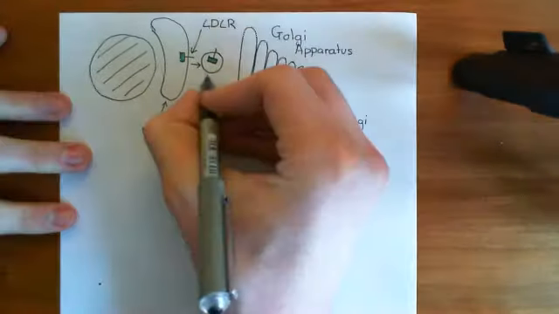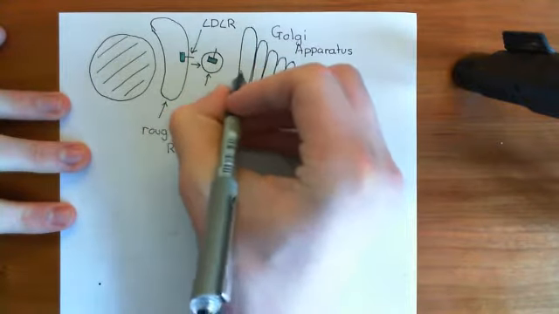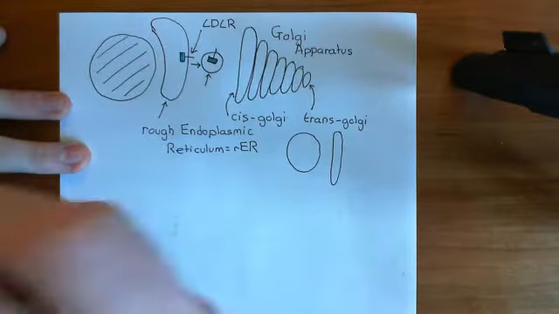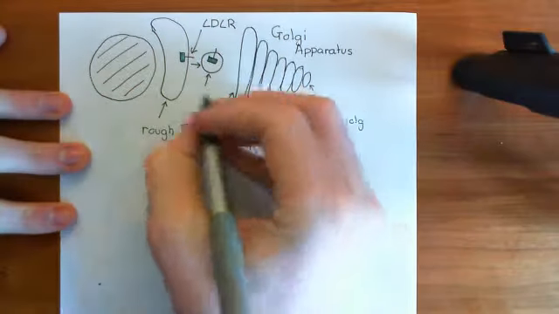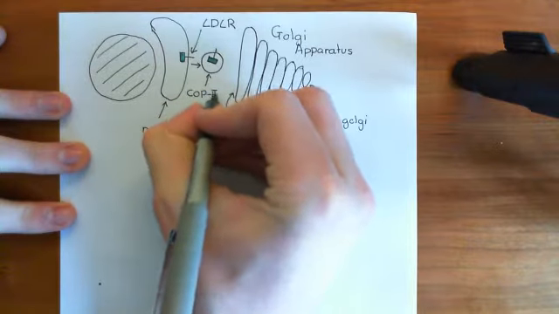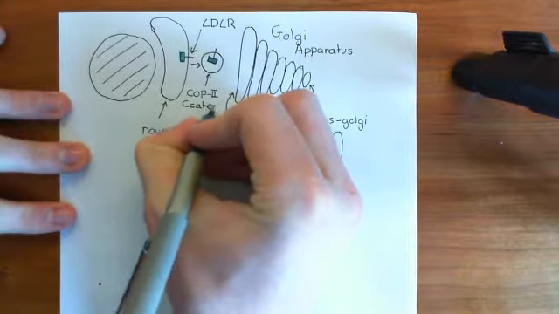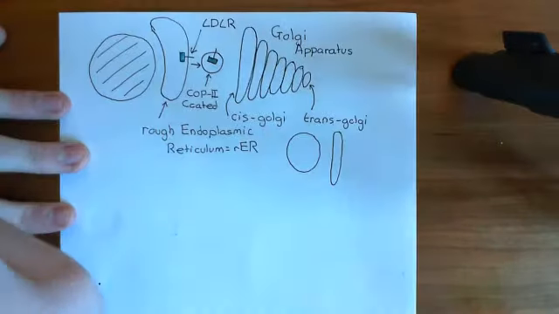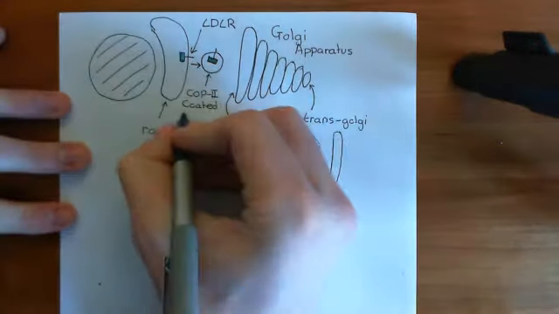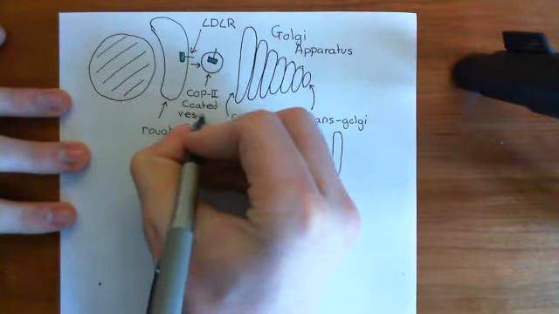These vesicles that move between the rough endoplasmic reticulum and the Golgi apparatus, specifically the cis Golgi, are called COPII coated vesicles, and we will discuss COPII coated vesicles in much more detail later when we get onto the SREBP pathway. So, COPII coated vesicles.